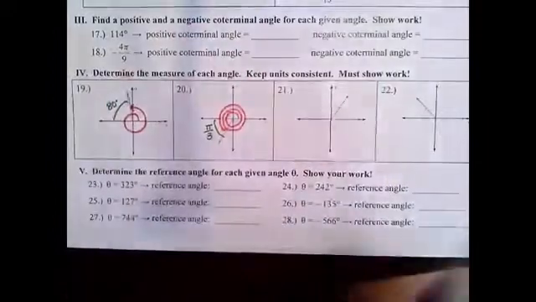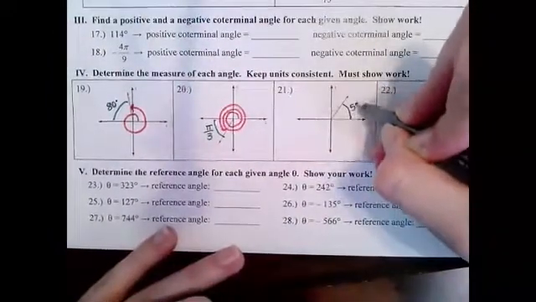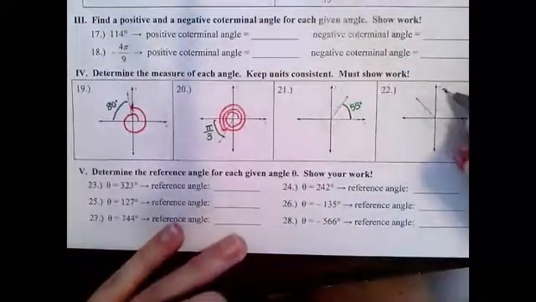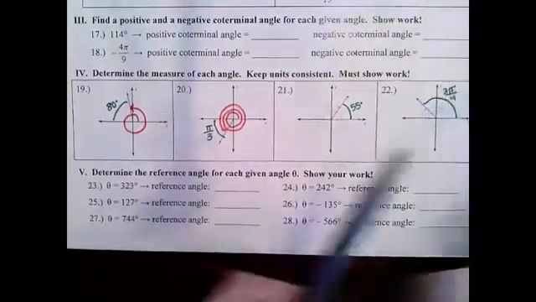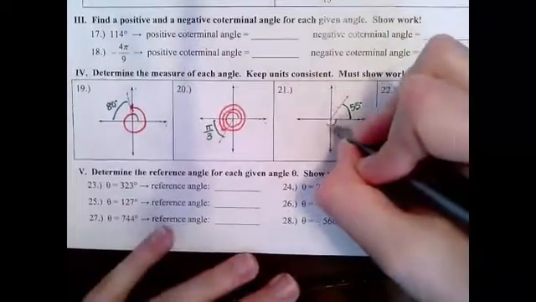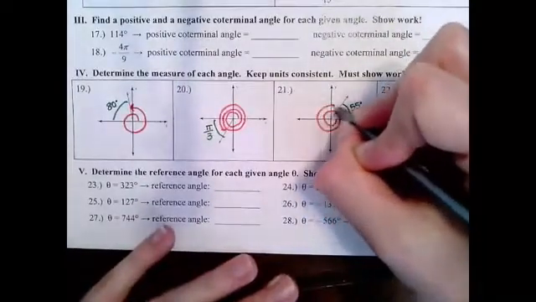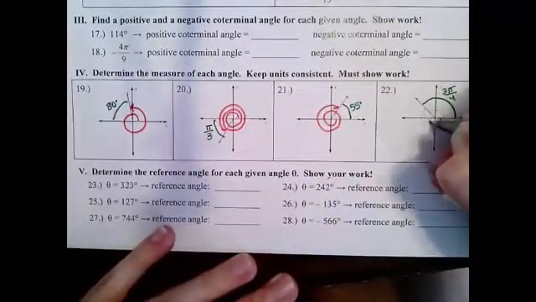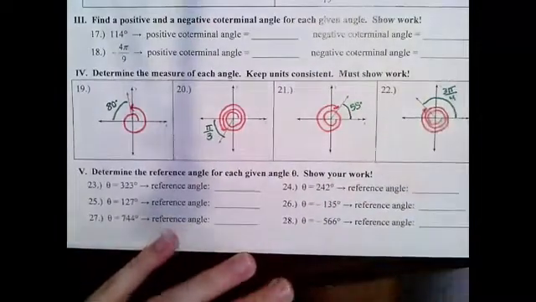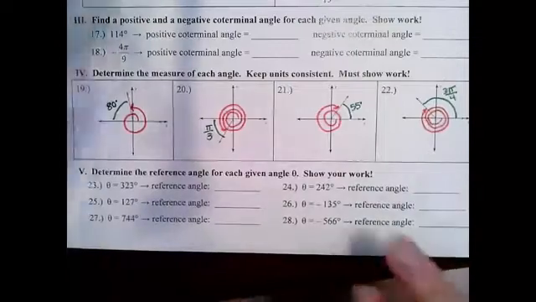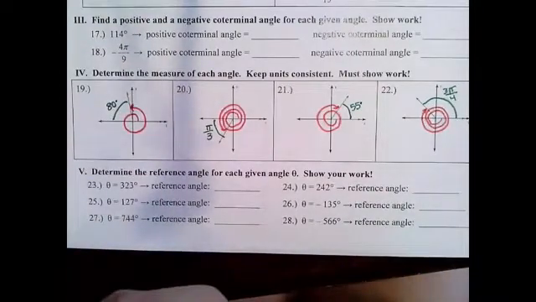All right, this is 55, and this is 3 pi over 4. I'm talking about this whole thing. And we swirl around, and we swirl around. And then the bottom, determine the reference angle. We just did that in the last example.